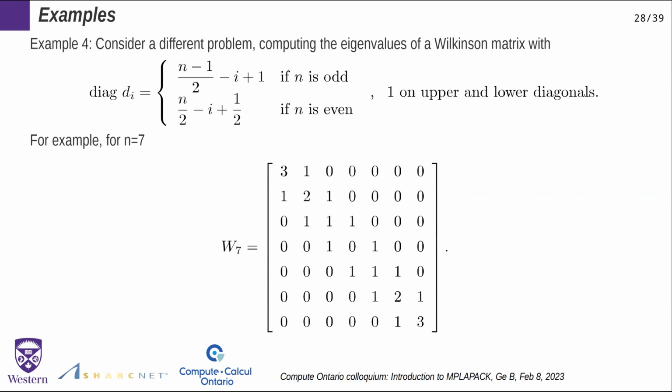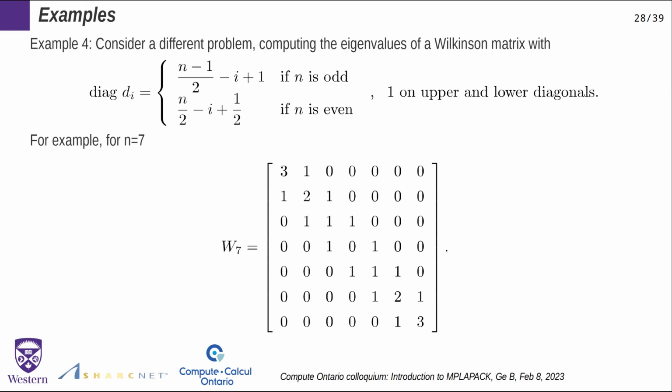So for the next example, let's take a look at a different problem. We're computing the eigenvalues of Wilkinson matrices. The Wilkinson matrices have this form. It's a tridiagonal matrix. If n, which is the size, is odd, then it takes the first form. If n is even, it takes the second form.